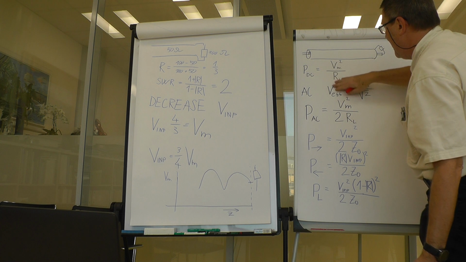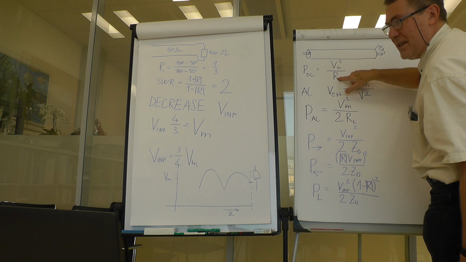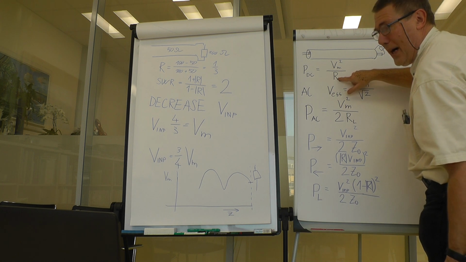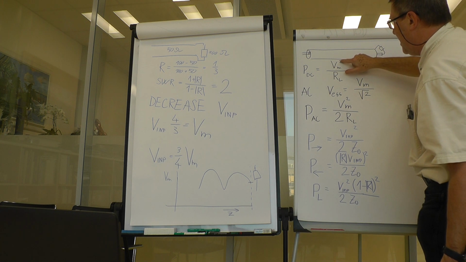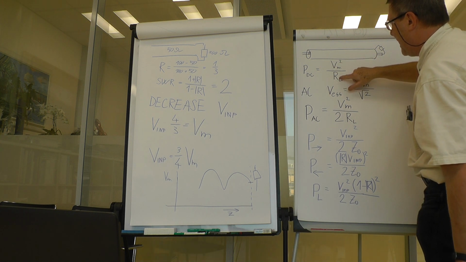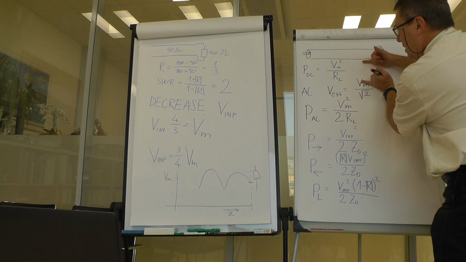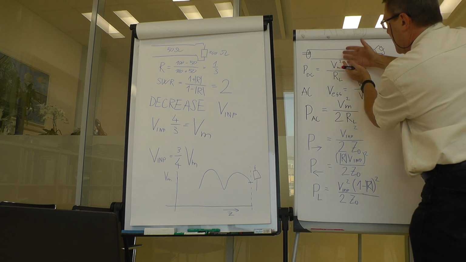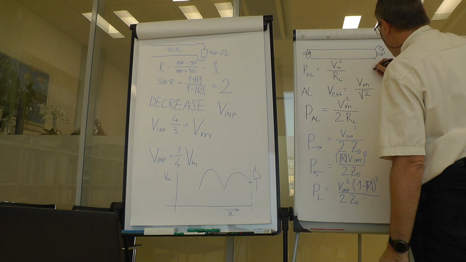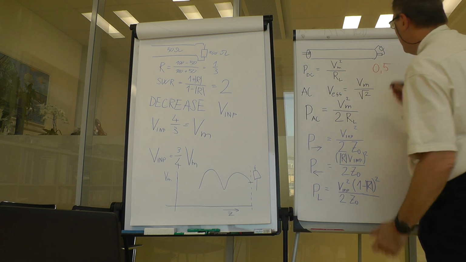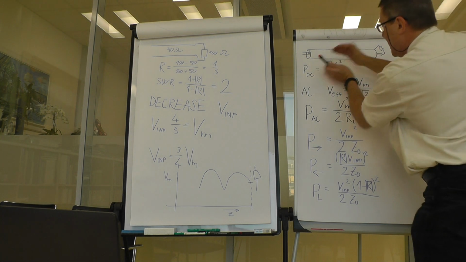So let's now find out what happens if the load increases twice. The first power was voltage squared divided by 50. If we increase the load twice, it would be voltage squared divided by 100, which would be 0.5, 1/2 of the original power delivered to the load in the DC case.